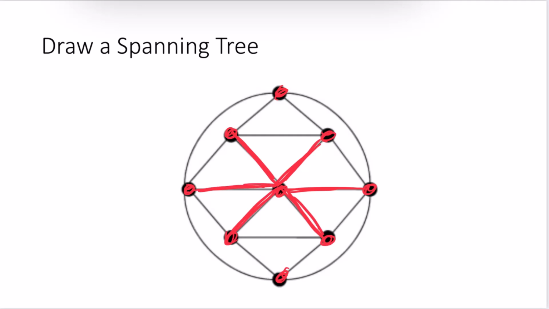But then I also need to attach these top and bottom vertices, so I could attach them like this. So this would be an example of a spanning tree because all of the original vertices are included in the subgraph, and all of those vertices are connected and there's no cycles, and so the subgraph is a tree.